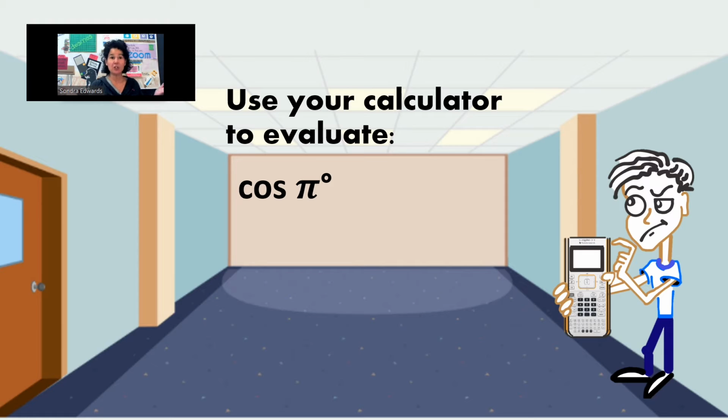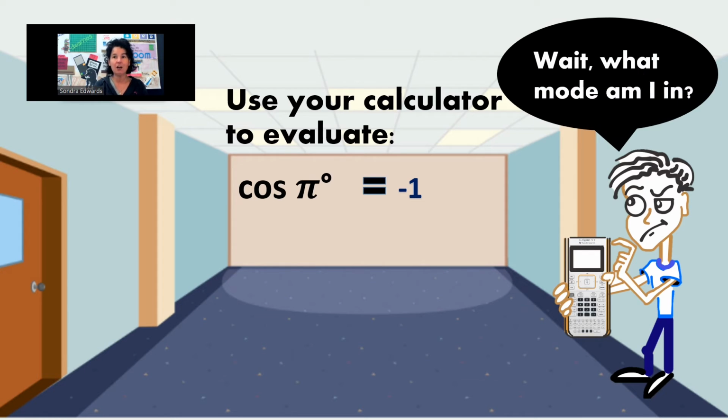Here's another one for you to try. Please be sure, again, to pick up your own calculator and make sure that you are getting the correct answer. So let's say you grab your calculator and you enter the cosine of pi, and you end up getting -1. Well, darn it, you need to be sure to ask yourself, what mode am I in?